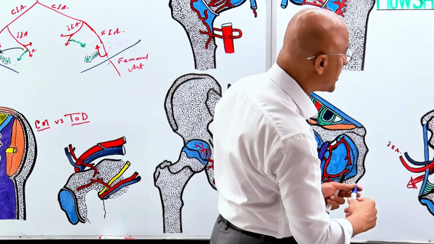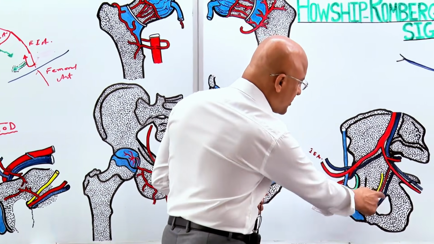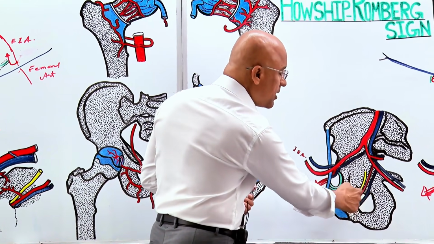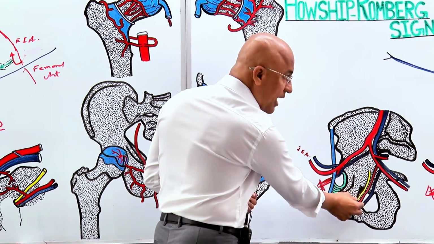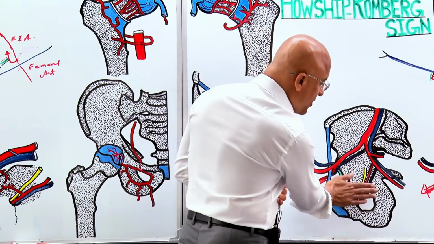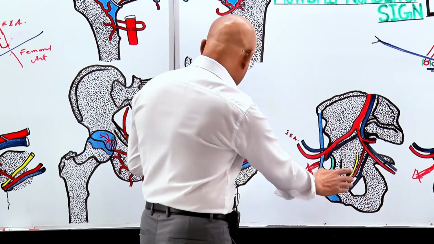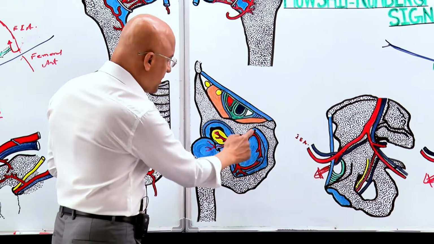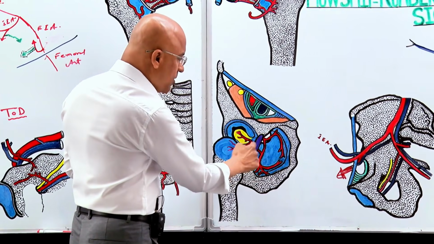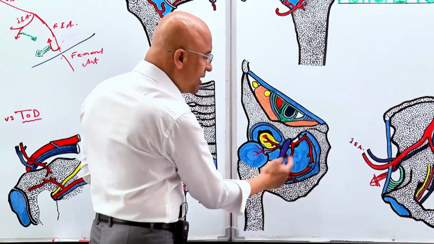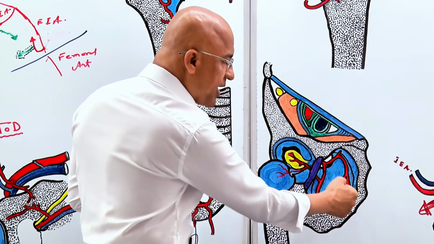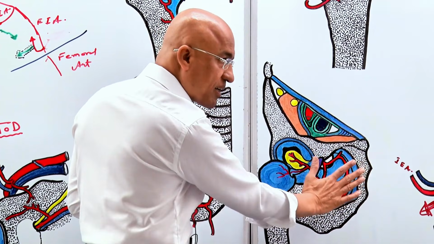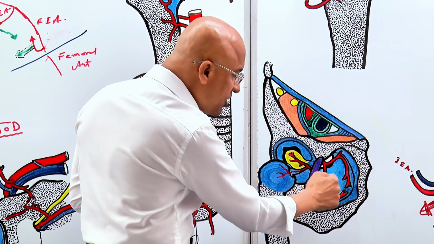for example, let me come here in another diagram. Again you can see, what is this? Obturator foramen, and this is obturator canal. We'll see later, but this obturator foramen has an obturator membrane. Look at it here. This is the obturator foramen, and it is covered by a membrane. Now we are looking from the external aspect, right? So this membrane is what?